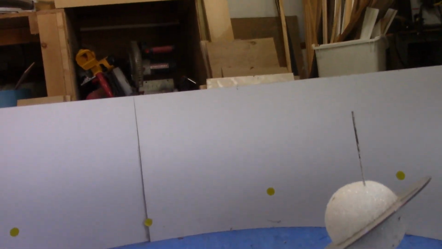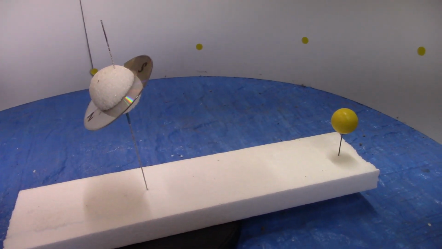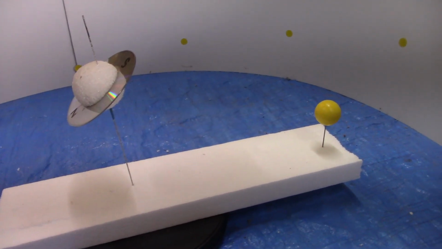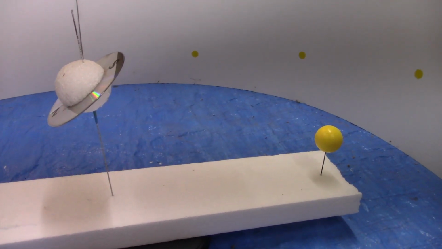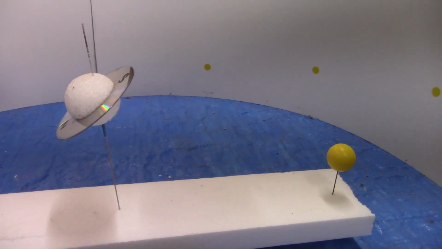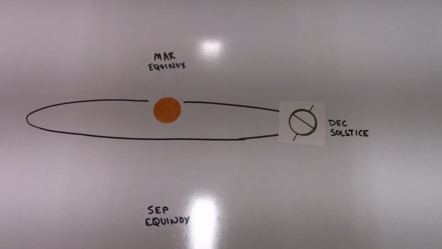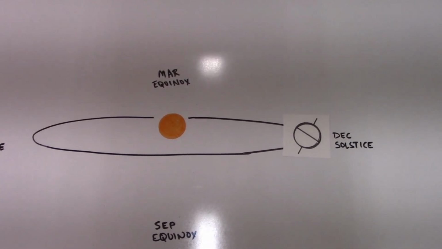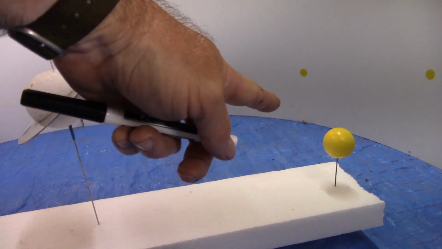So what will happen? Let's take a look. Here's the representation of what we see in the diagram, but in this case the sun will be orbiting Earth. So in this position, that's the first position on the whiteboard, the southern hemisphere is facing the sun.